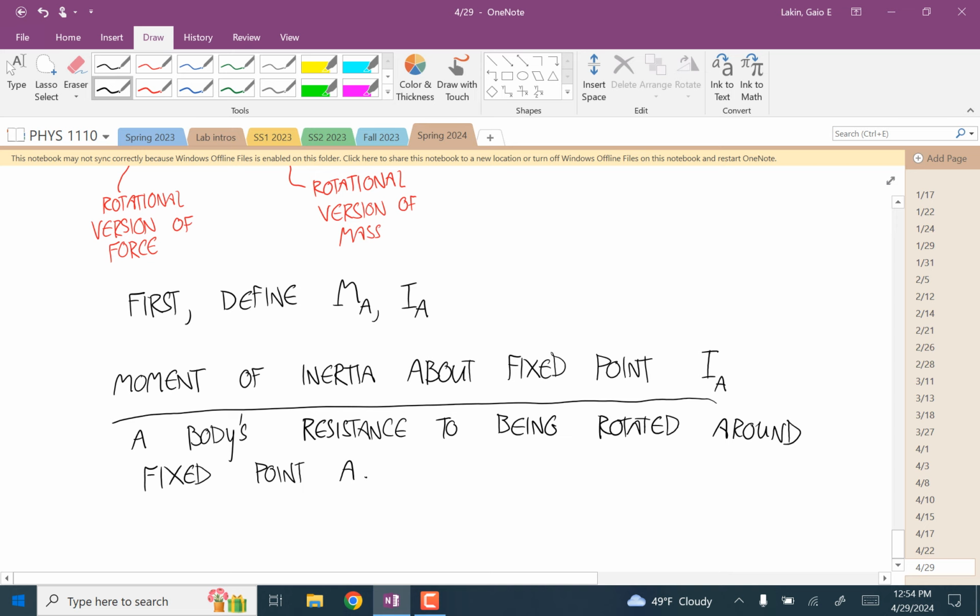Something that's really small, not very far spread out, has a small mass, is going to have a small moment of inertia.